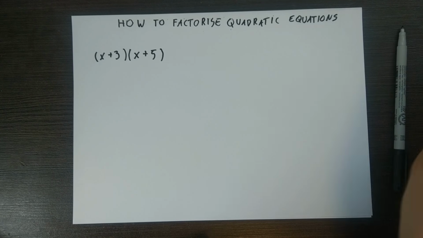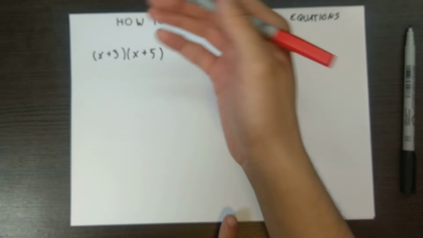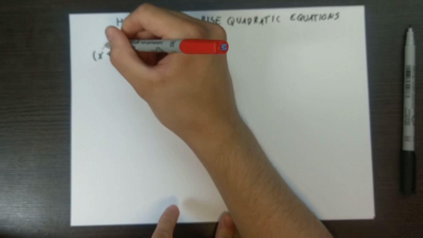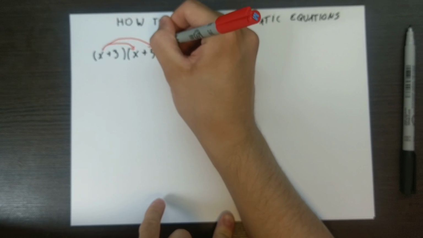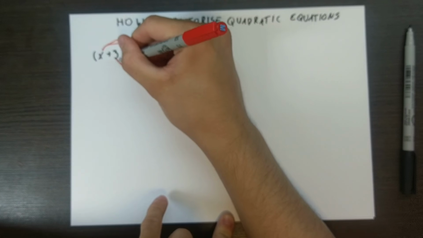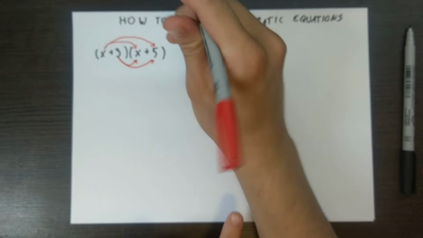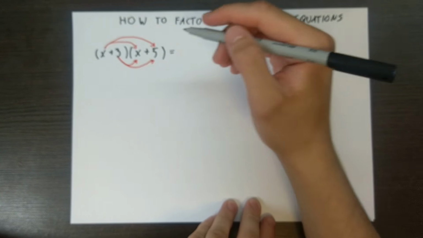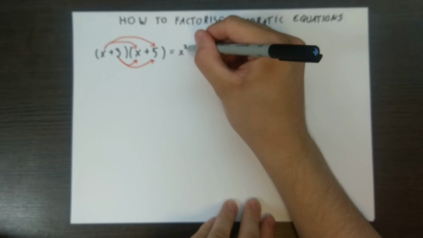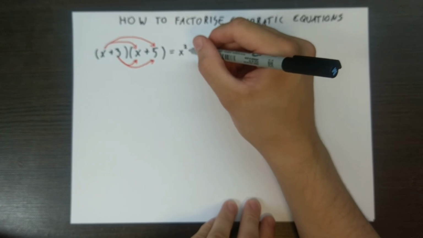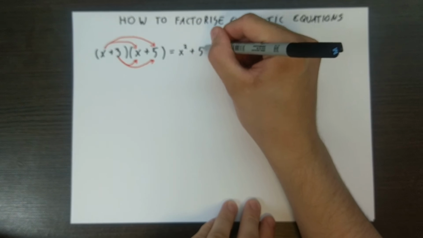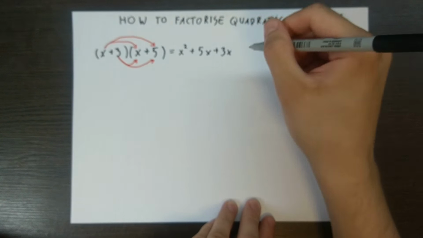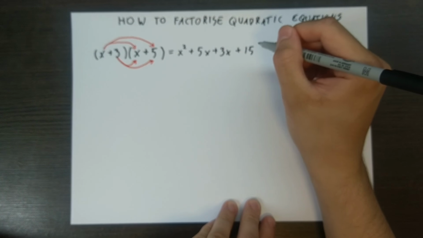Now, if we expand it using the expanding bracket rule, like this, what does it give us? x times x equals x squared, x times 5 equals 5x, x times 3 is 3x, plus 15.